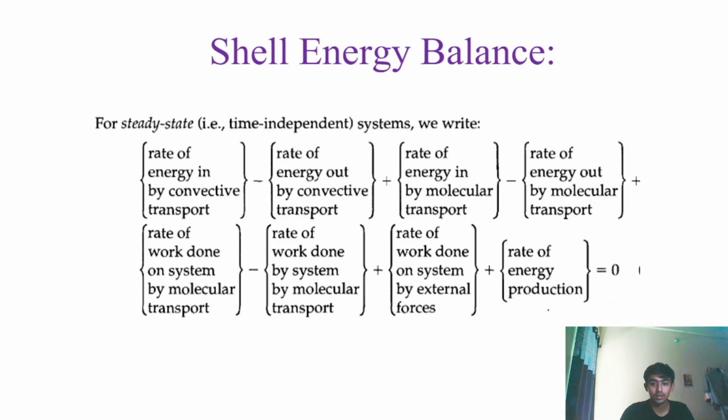Moving to the next. So for that cell balance equation, what we know is the rate of energy of convective transport going in, and rate of convective transport going out, and how much molecular transport going in, molecular transport out, how much work done by that molecular transport, and how much work done on the system by that molecular transport, plus the external forces plus energy generated.